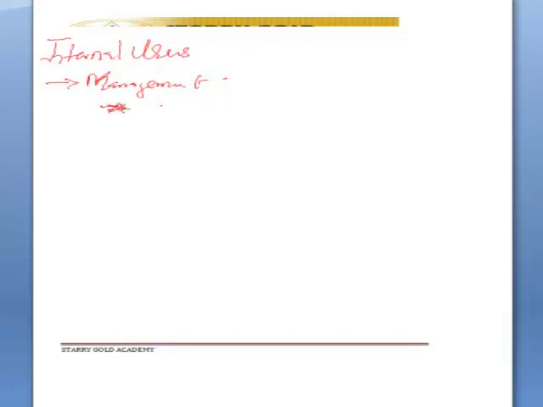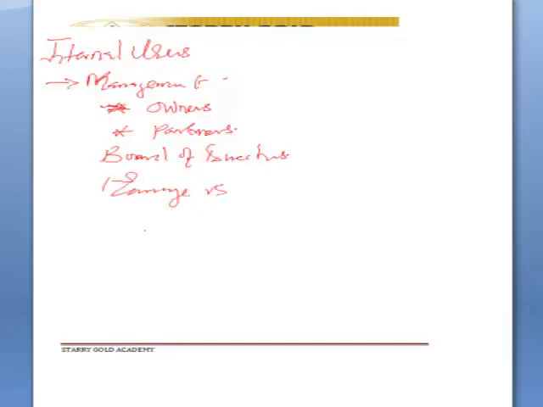Under the management, the categories are: we will talk about the owners. We will talk about the partners. The partners are also part. We'll talk about the board of directors, who are also part of it. We talk about the managers. We talk about department heads. They are part of the management. We'll talk about supervisors.